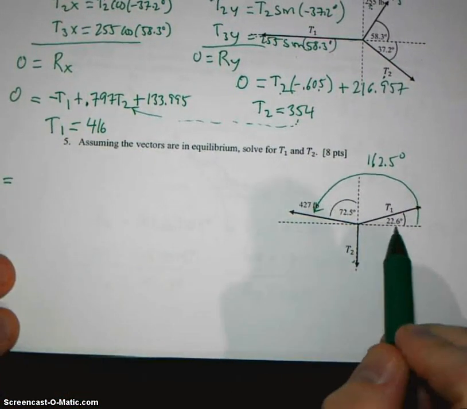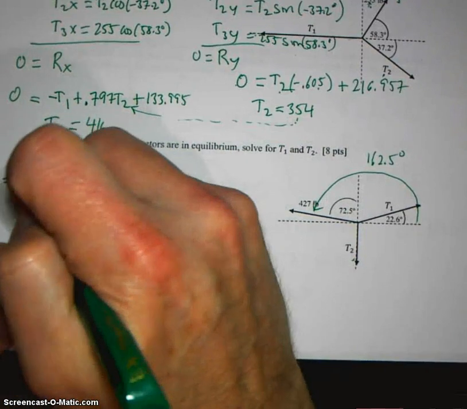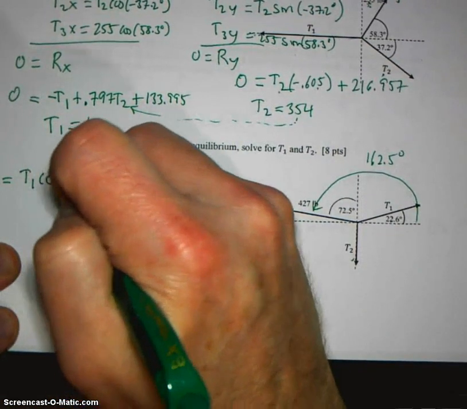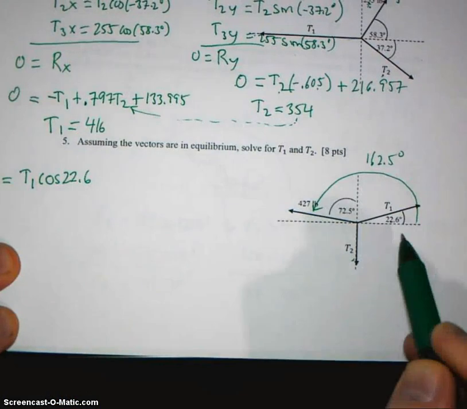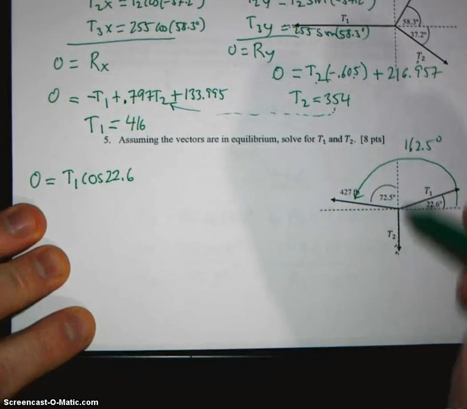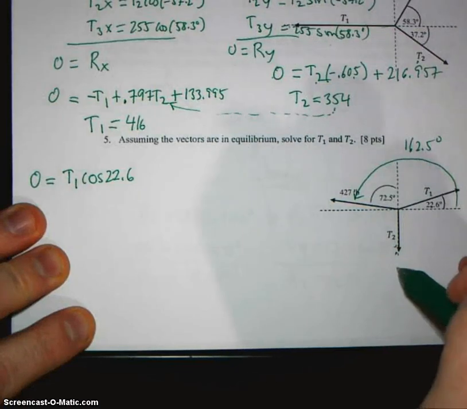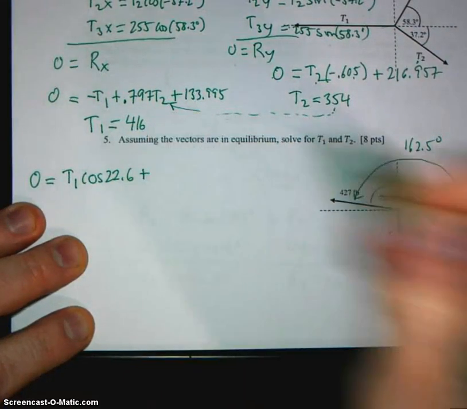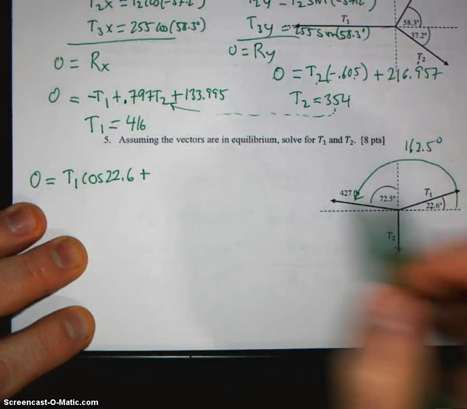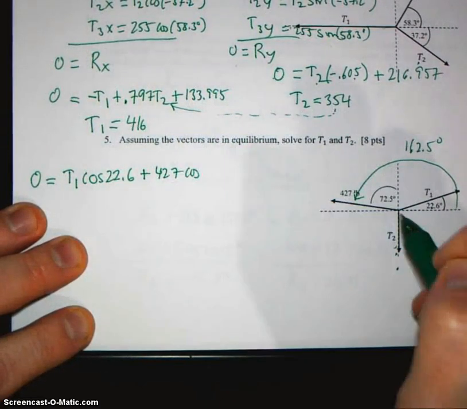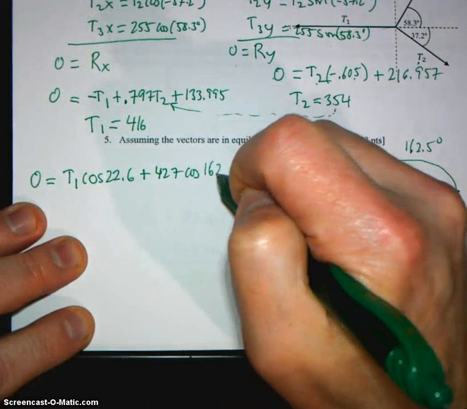So the x values are going to be T1 cosine 22.6. T2 is completely in the y direction, so it doesn't have an x coordinate. So plus T3, which is 427 cosine 162.5.